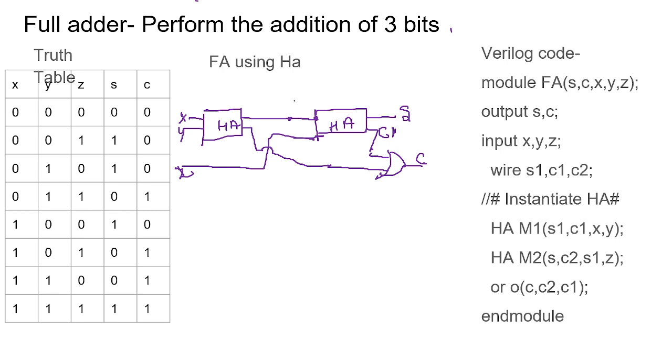Here I define one wire S1, here one wire C1, and here one more wire C2. So we need S1, C1, C2. The first half adder output is S1 and C1, input is X and Y. The second half adder output is C1 and then C2, the inputs are S1 and Z. The OR gate output is C and the two inputs are C2 and C1.